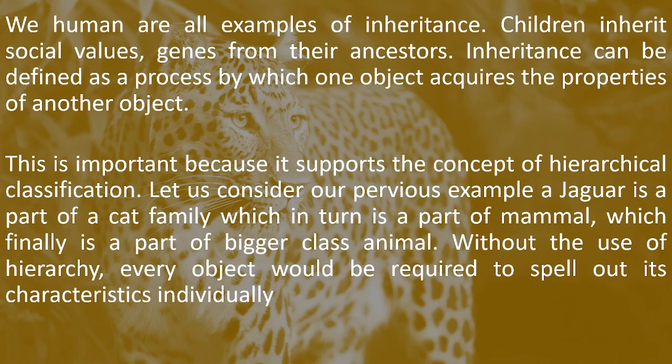Children inherit social values, genes, and DNA from their ancestors. Inheritance can be defined as a process by which one object acquires the properties of another object, the same way as we inherit different traits and values from our ancestors, right?